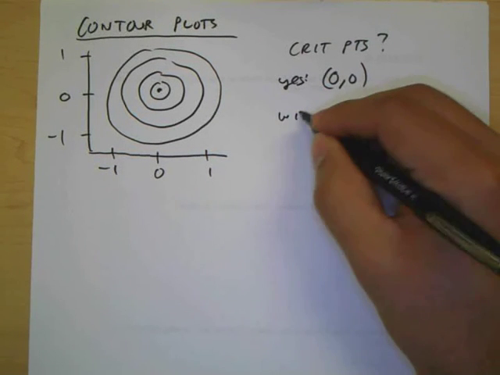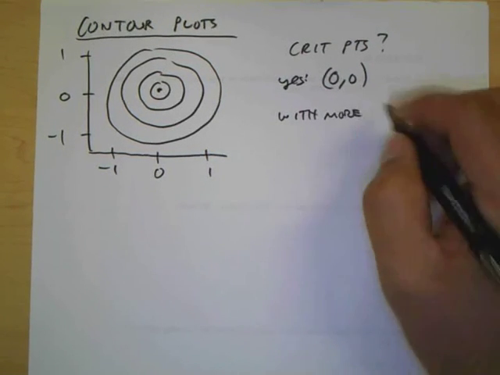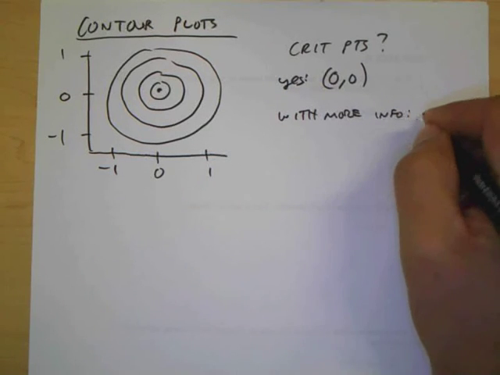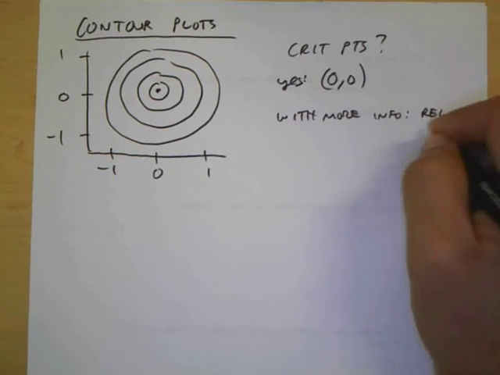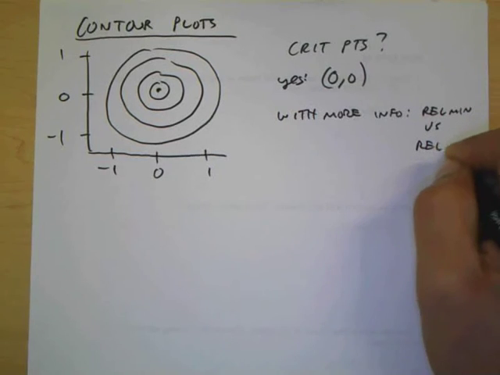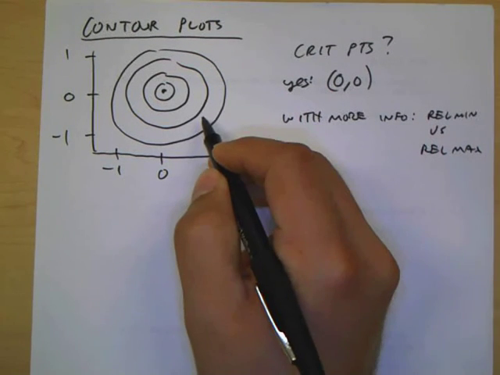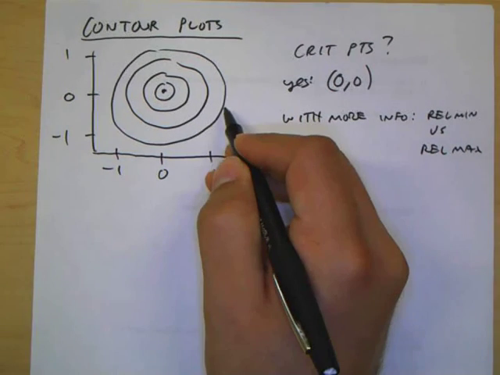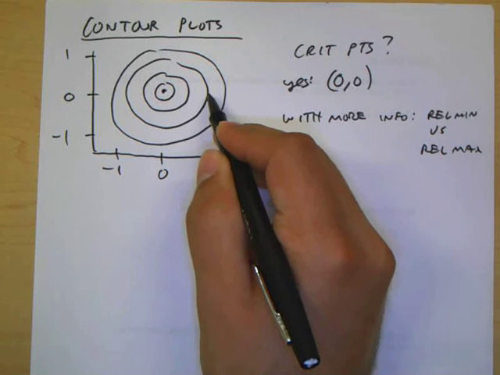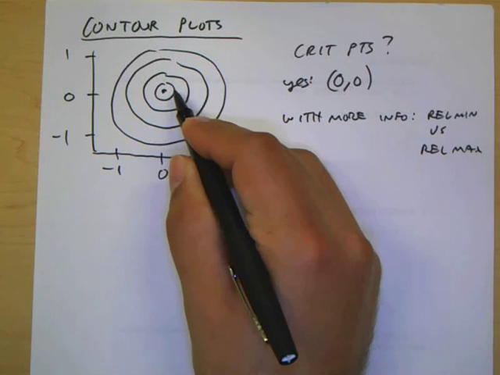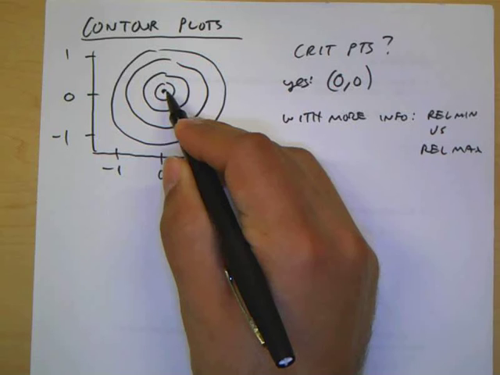Now, with more info, which you may or may not have, we could determine whether it's a relative min or a relative max. Obviously, if the curves start, let's say, at 5 and then 3 and then 2 and then 1, what would you say this would be?